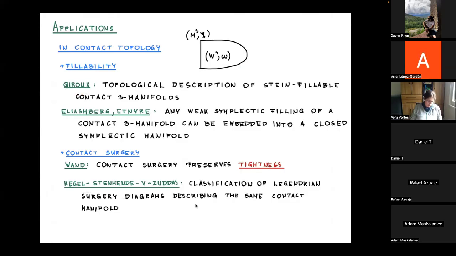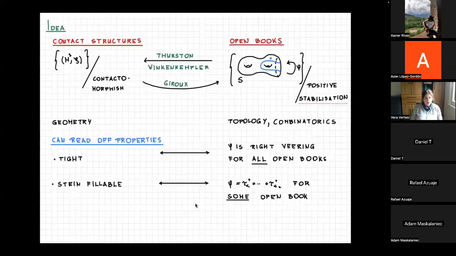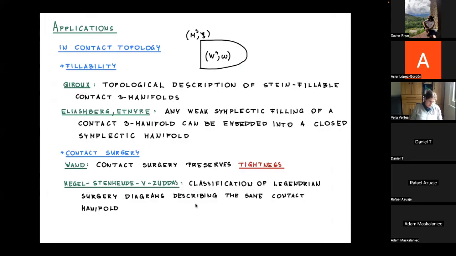I already told you on the previous page, that it's a positive composition of positive Dehn twists. And then Eliashberg and Etnyre showed that weak symplectic fillings of contact three-manifolds can be enlarged to be contained in a closed symplectic manifold. These are all fairly recent results, in the 2000s.